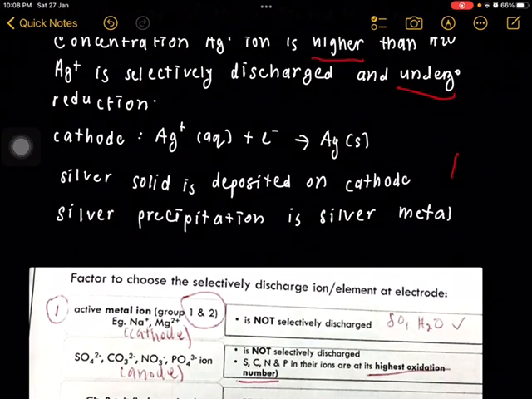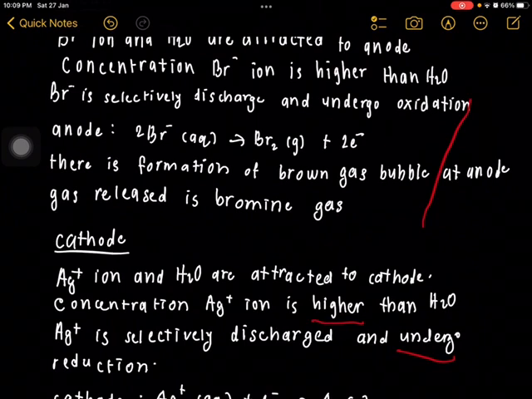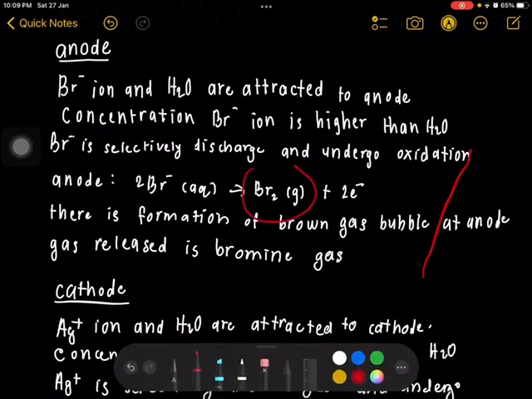So at the cathode, we can predict that silver solid is deposited, and the silver precipitate is silver metal. At the anode, we can predict that there is formation of brown gas bubbles, and we know that the brown gas is bromine gas based on the half cell equation here.